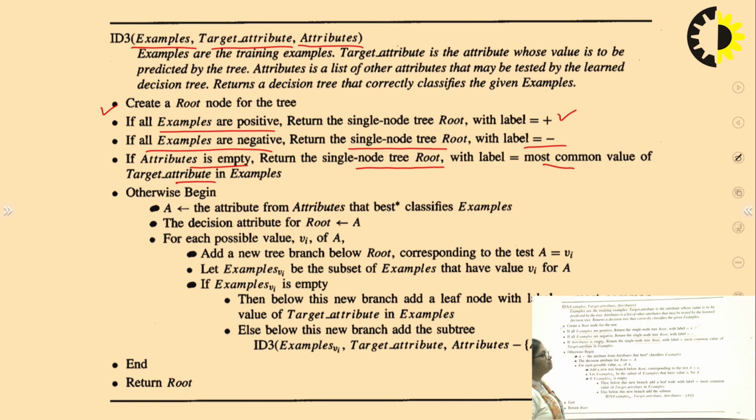Otherwise, it means we are having a few positive examples and a few negative examples. Neither of these is true: neither all are positive nor all negative. Otherwise, some attributes are there. It means the input examples have some properties, so we need to check the properties.